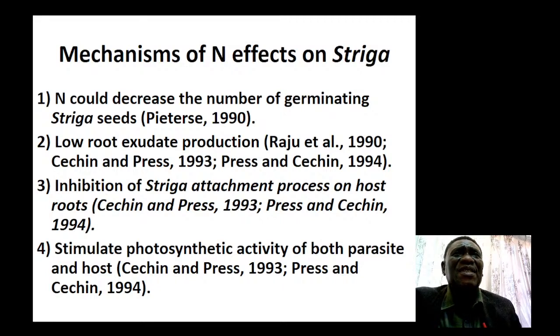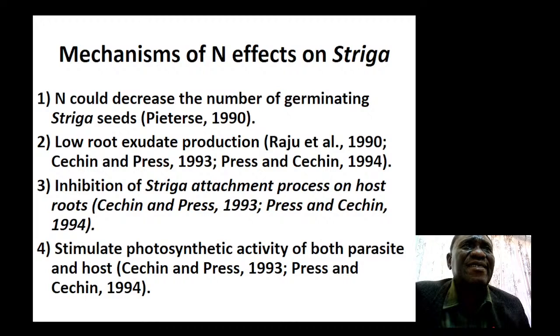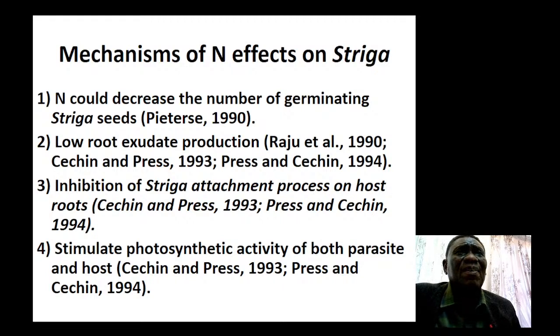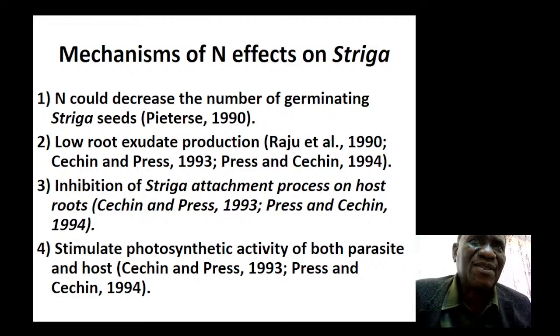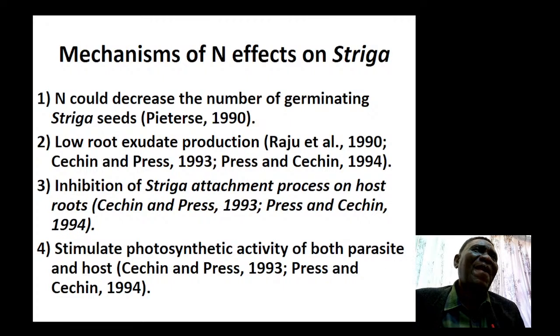The other issue is that nitrogen can stimulate photosynthetic activity of both the parasite and the host. So increasing nitrogen or making sure that there's adequate nitrogen in the soil may reduce the impact of the parasite.